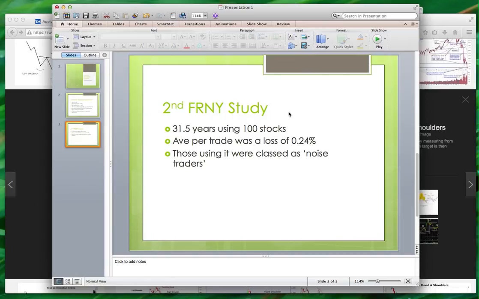And those people that were using the head and shoulders pattern were classed as noise traders by the people that wrote the study. Noise traders, for those that are not aware of the concept of noise, a noise trader is someone who is trading on what they falsely believe to be information, but it's actually noise.